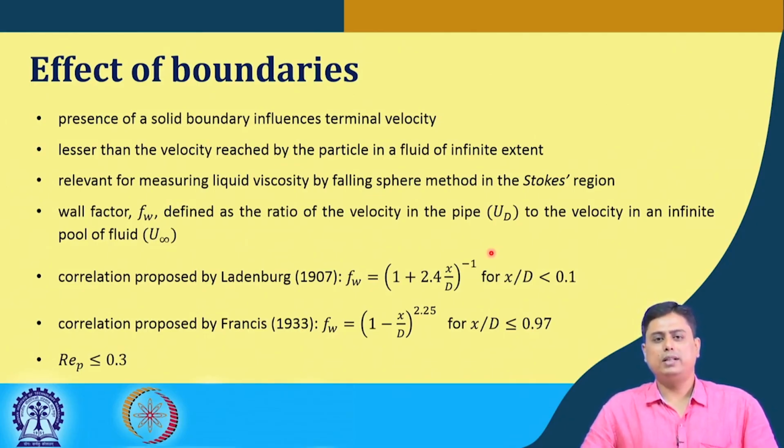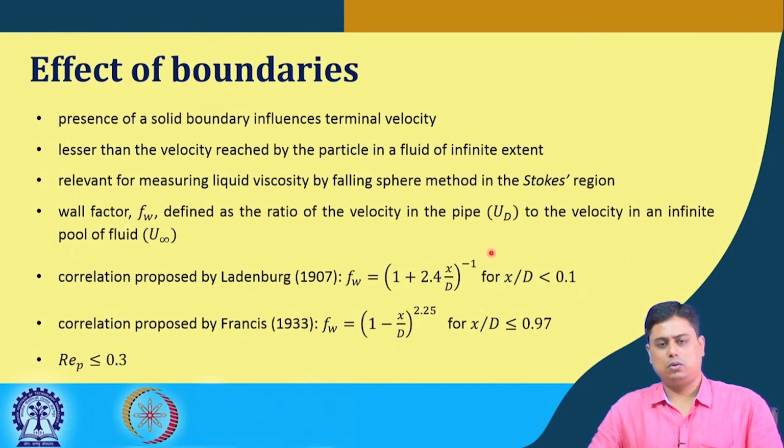But let's say you take a test tube of a very small diameter, and the particle size is comparable to that test tube size. Then the effect of the test tube glass walls becomes important. It influences the terminal velocity.